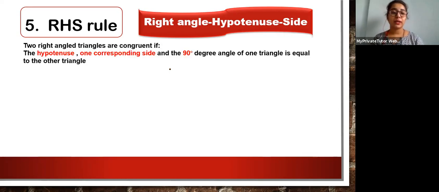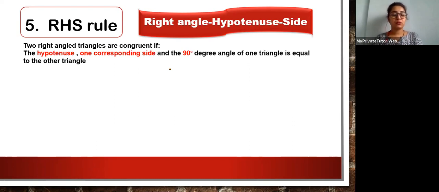Let's check. Two right angle triangles are congruent. So if you have to prove that the given two triangles are congruent by the right angle hypotenuse side test, you can prove that the hypotenuse, one corresponding side, and the 90-degree angle of one triangle are equal to the other triangle, then both triangles are considered to be congruent.